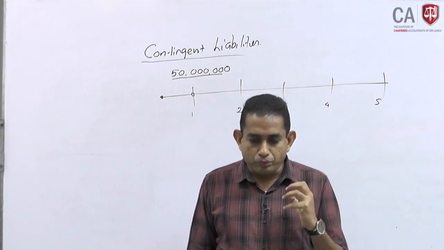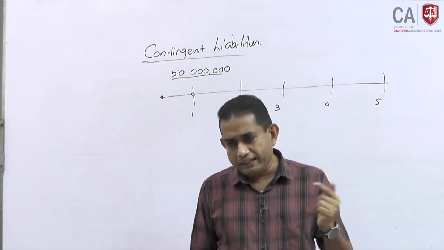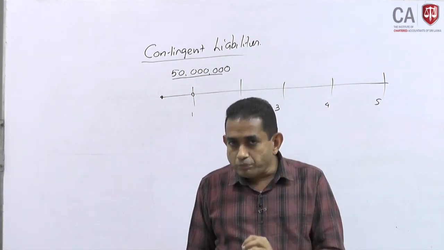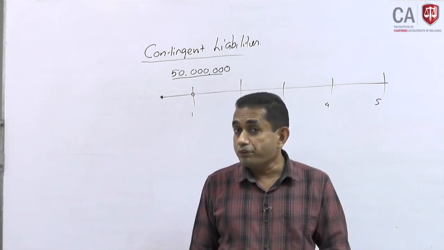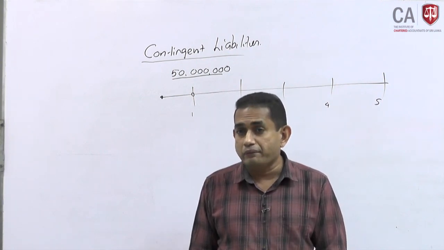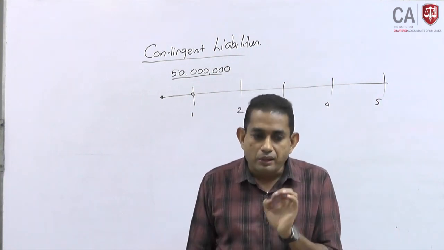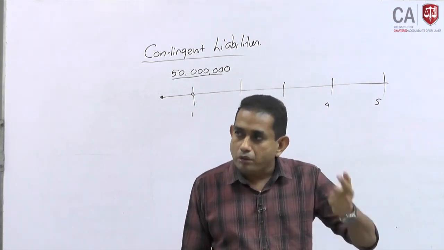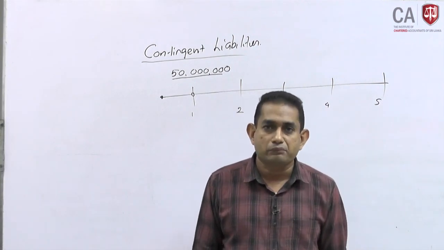We are supposed to maintain this number of employments over 5 years time. In any case, if the number of employees falls below 500, then the amount of grant which is attributable to that year should be paid back to the government.